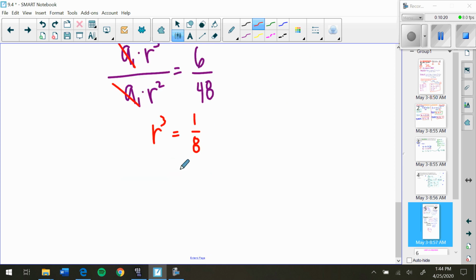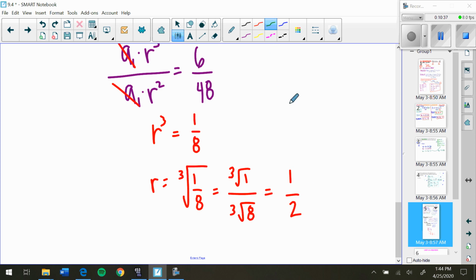And now I need to find the cubed root. So I'm doing the cubed root of both sides, cubed root of 1/8, which is the same as the cubed root of 1 over the cubed root of 8, which is nice because that is 1/2. I have now found my r.